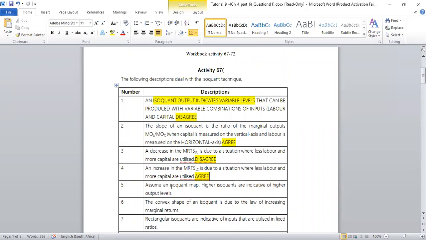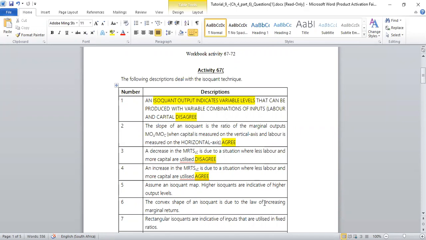In number 5, assume an isoquant map. Higher isoquants are indicative of higher output levels. Yes, guys, when isoquants are higher, it means the number of outputs that we are producing is higher.